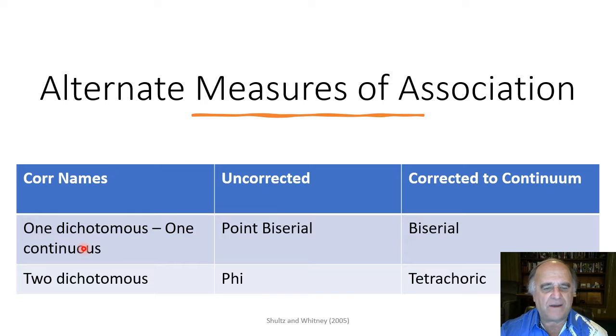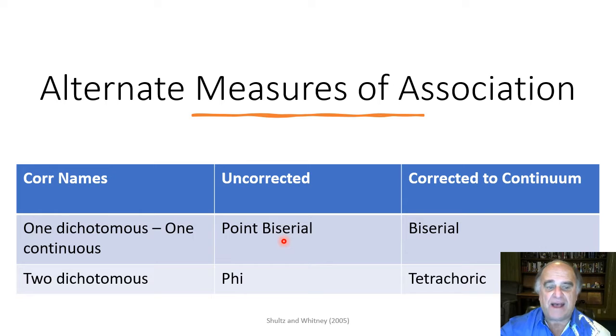If we have one dichotomous and one continuous variable, then the correlation has a special name because it has a special formula, and that name is the point biserial correlation. But the point biserial correlation is actually a Pearson product moment correlation coefficient.